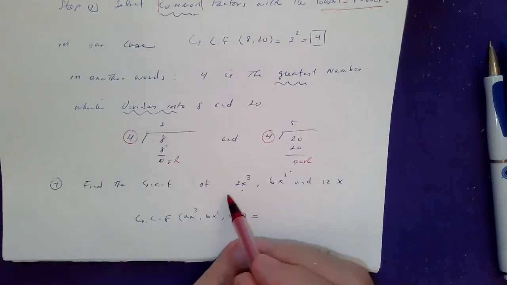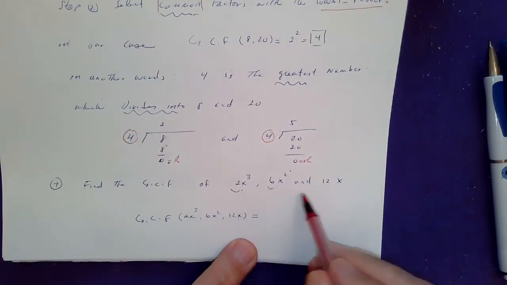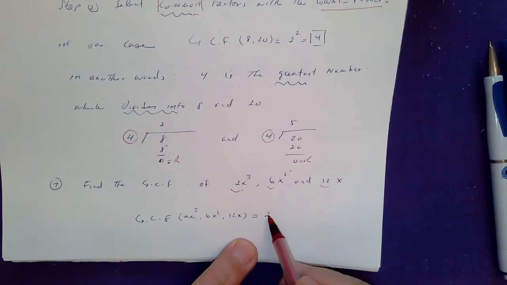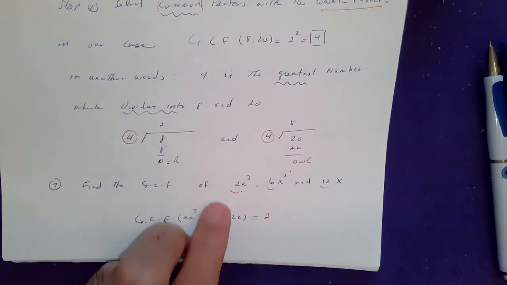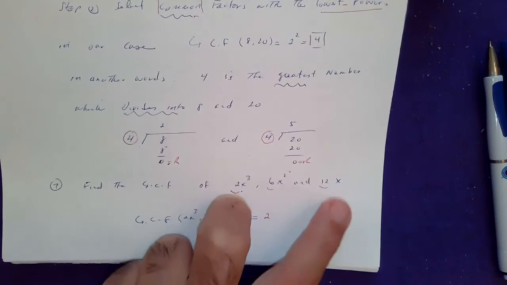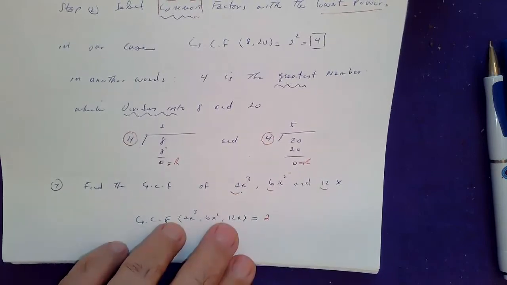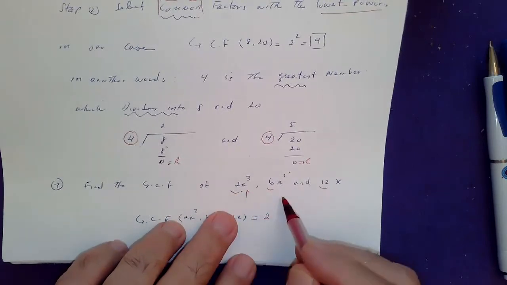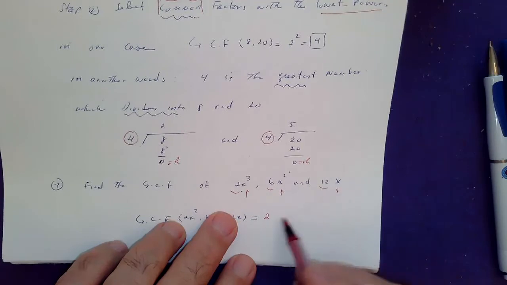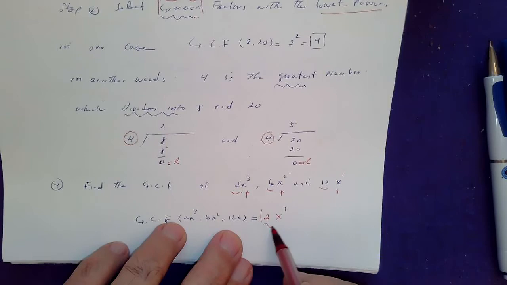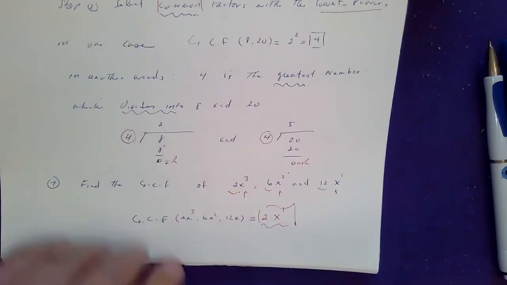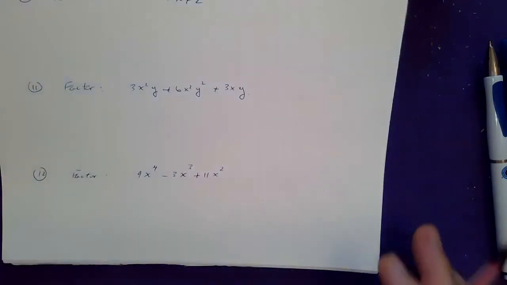Well, the greatest common factor between 2, 6, and 12 is 2. That's the largest number which divides into 2, 6, and 12. However, they all have x's, so I choose the one with the lowest power. So the answer is 2x. That's the greatest common factor.